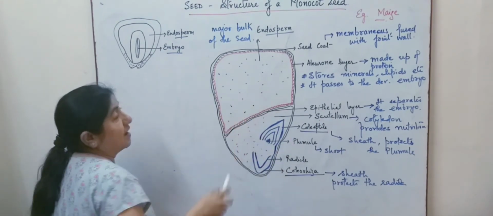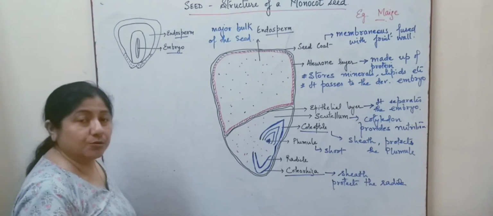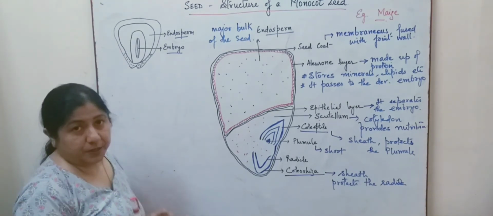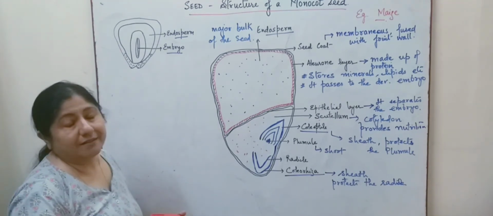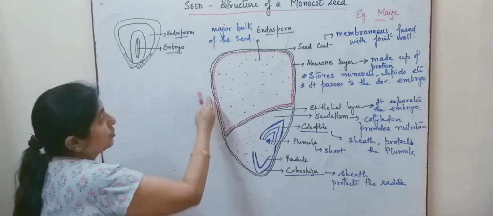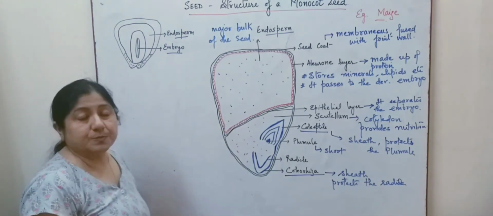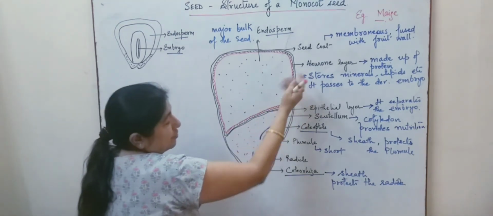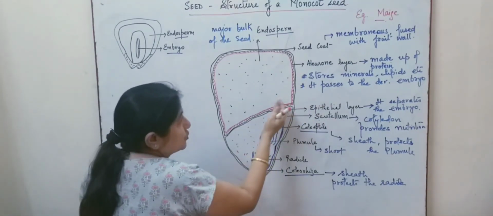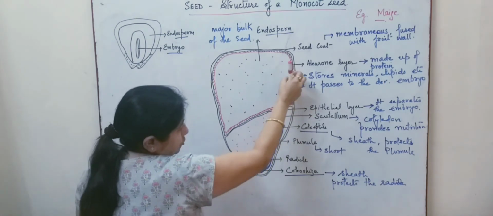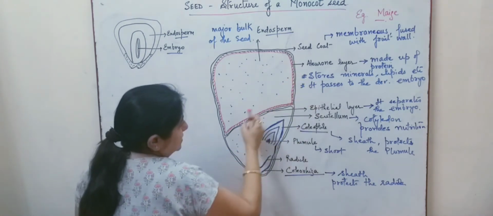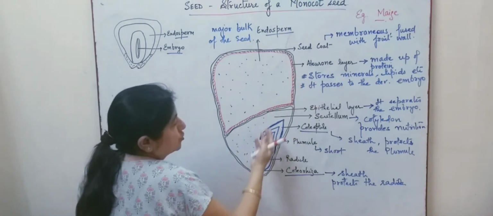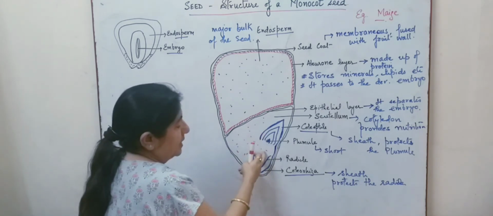Monocot seeds are mostly endospermic, but some of the seeds are non-endospermic. Here in the monocot seed, the endosperm forms the major bulk and it has an aleurone layer which stores the minerals, lipids and fats, etc., and these are passed through the scutellum to the developing embryo.